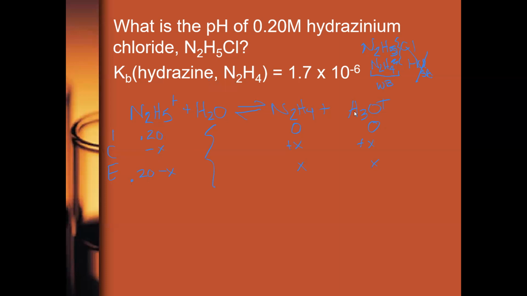So we need to figure out what the Ka value is, because Kb is not going to have hydronium in it. So we find the Ka value by doing 1.0 times 10 to the negative 14th divided by the Kb value, 1.7 times 10 to the negative 6. And we get that our Ka value is equal to 5.9 times 10 to the negative 9th.